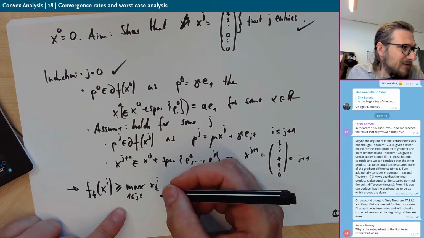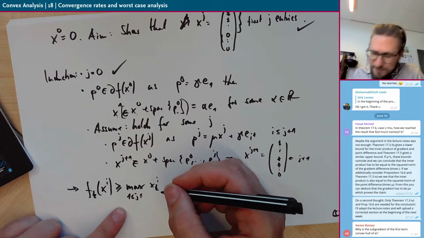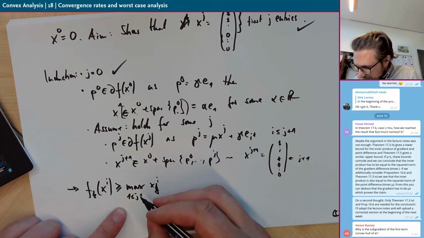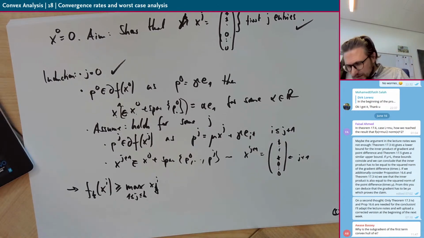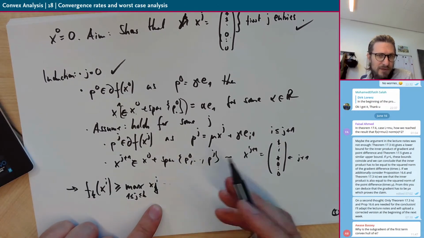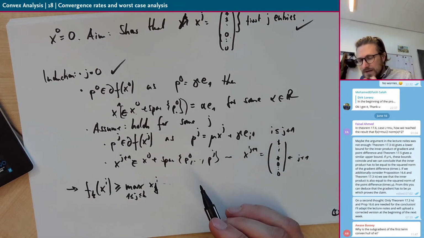There's typos here. Yeah, sorry, this should be j. Oh, we have to make a note. There's plus the norm squared, but I just leave that out, so I make it smaller.